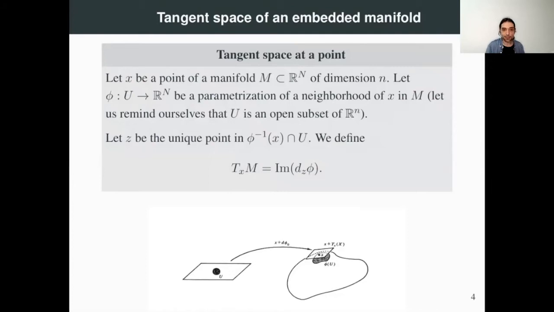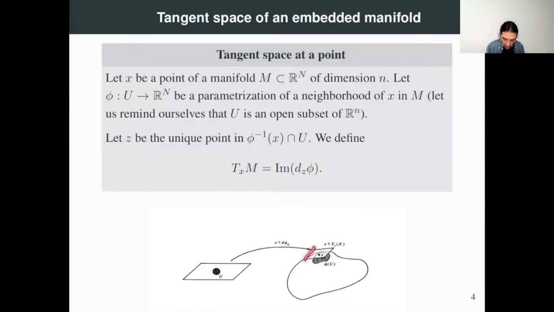Here, what we have is a picture of how the situation works. Here we have U, which is in a darker color, the domain of definition of our parametrization, and the image of the parametrization.